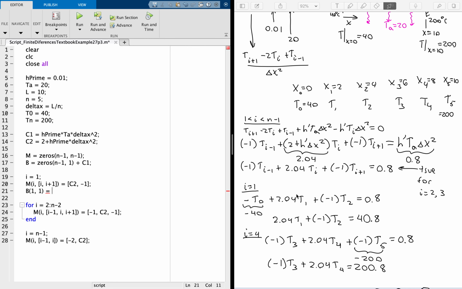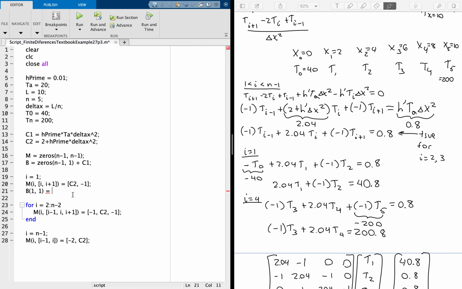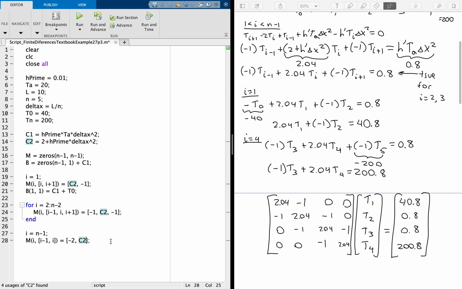So over here, we need to say C1 plus T0. And over here, we need to say B of the last row, comma 1 equals Tn plus C1.